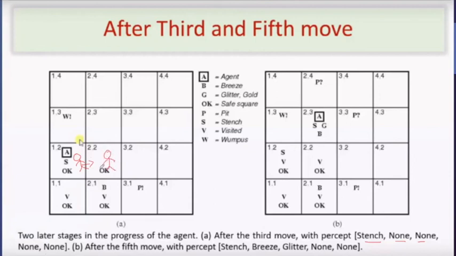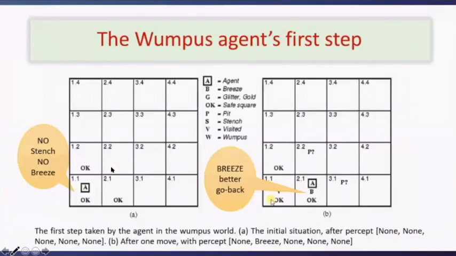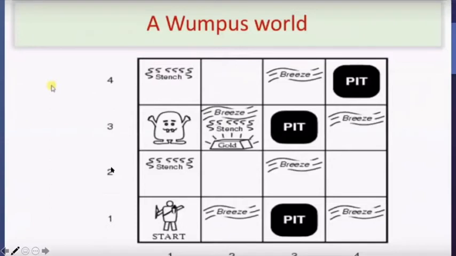Now if the agent is here, what will it perceive? Here the agent will not perceive anything. Let's see the diagram. After the third step, the fourth step is the agent coming into that particular block.